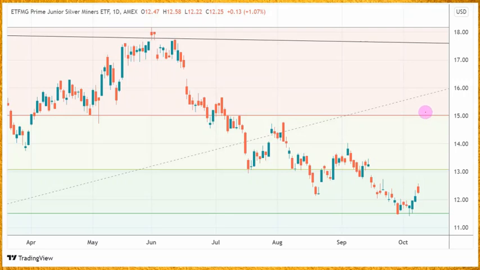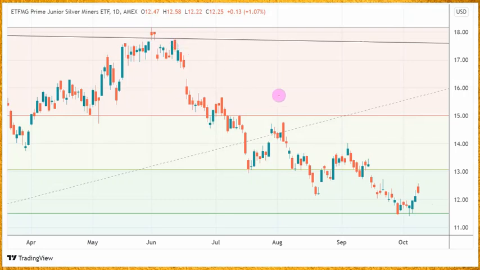And finally, we've got the junior miners. Now, this is interesting. This bounced off that 50% Fibonacci level that we talked about last week. So it's bouncing up, but we can't say that this downtrend has been broken yet. We would need to at least break a trend line.